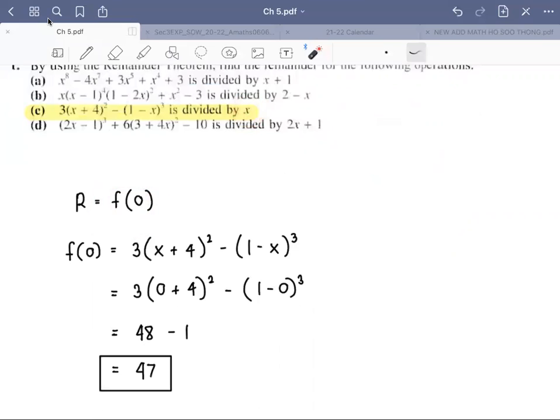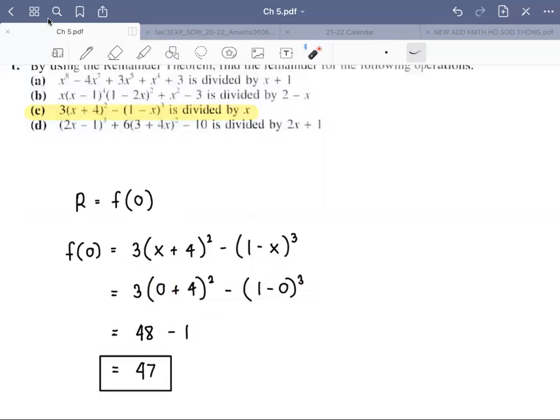So to get the remainder for letter C, f of 0 is equal to 3 times x plus 4 squared times 1 minus x cubed. And then, of course, you substitute x and x with 0 and 0. When you simplify this, you'll get 47 as your answer.